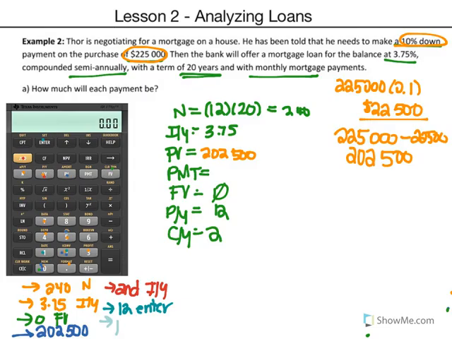Then we're going to hit our up arrow, and we're going to hit 2 and enter. So that's for our compounds per year. Now we're going to close the screen by hitting second function compute. And now we can compute our final answer, so we're going to compute our payments.